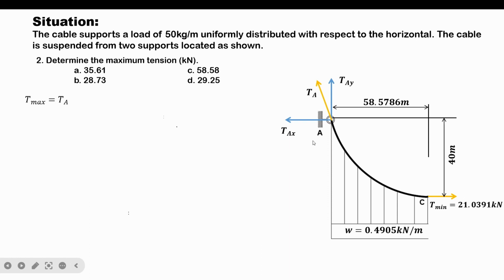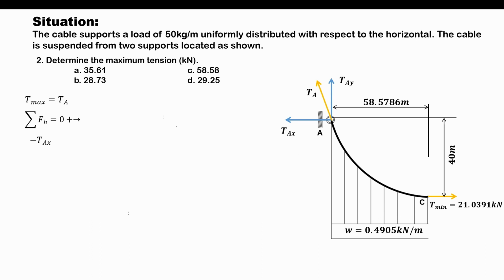So let us first consider the summation of forces along the horizontal direction, considering forces acting to the right to be positive. Let's consider first the horizontal component of the tension at A. As you can see, it is acting to the left, so we have negative TAX.